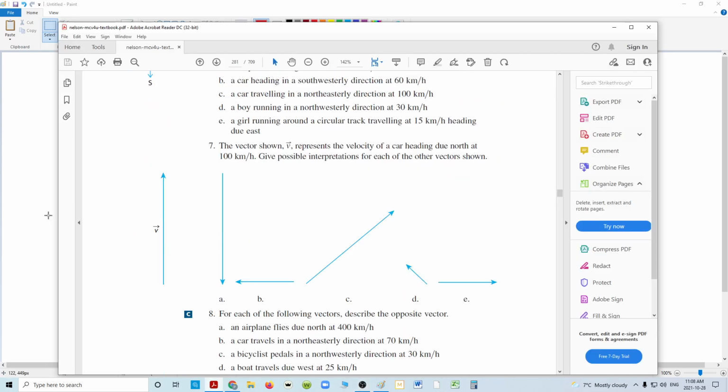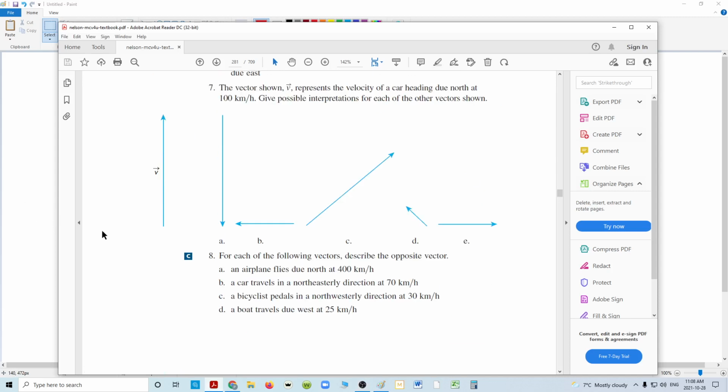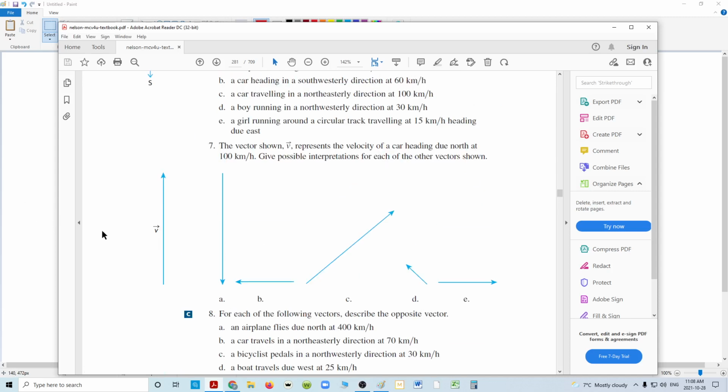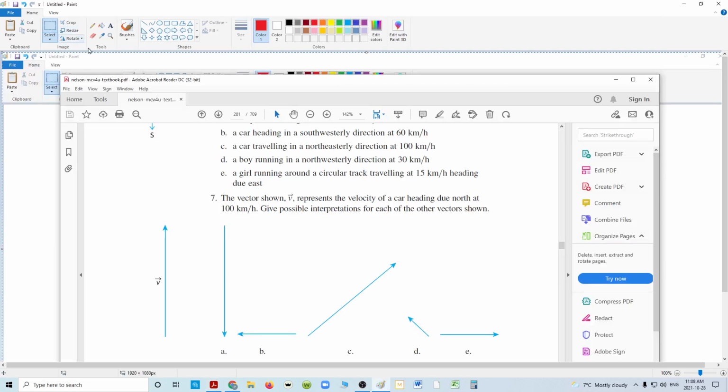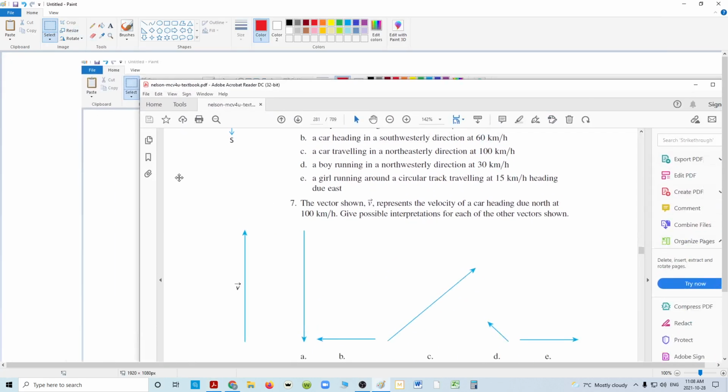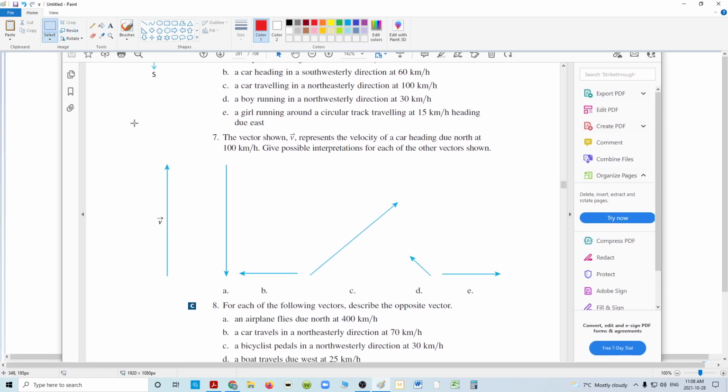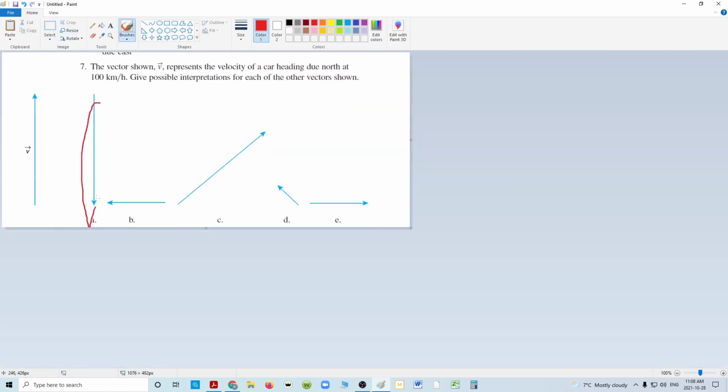The vectors shown represent the velocity of a car heading due north at 100 kilometers. Give possible interpretations of each of the vectors shown. Okay. This one is he's returning home, so he's heading south, 100 kilometers an hour.